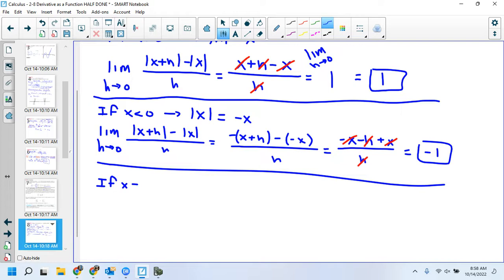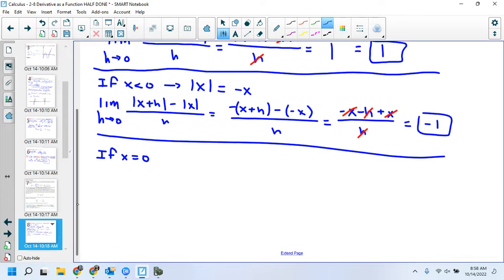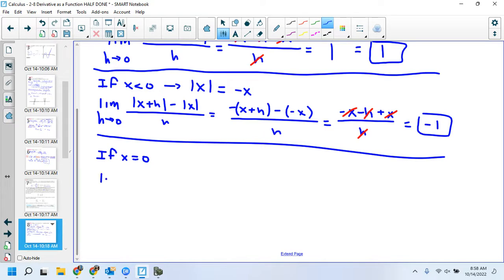If x equals 0, now watch what's going to happen here. The limit as h goes to 0 of the absolute value of x plus h minus the absolute value of x all over h.